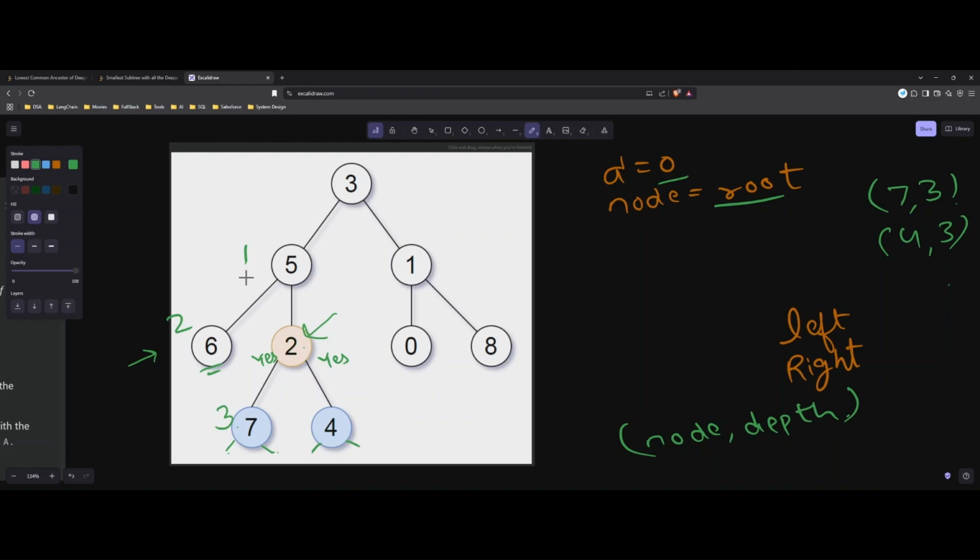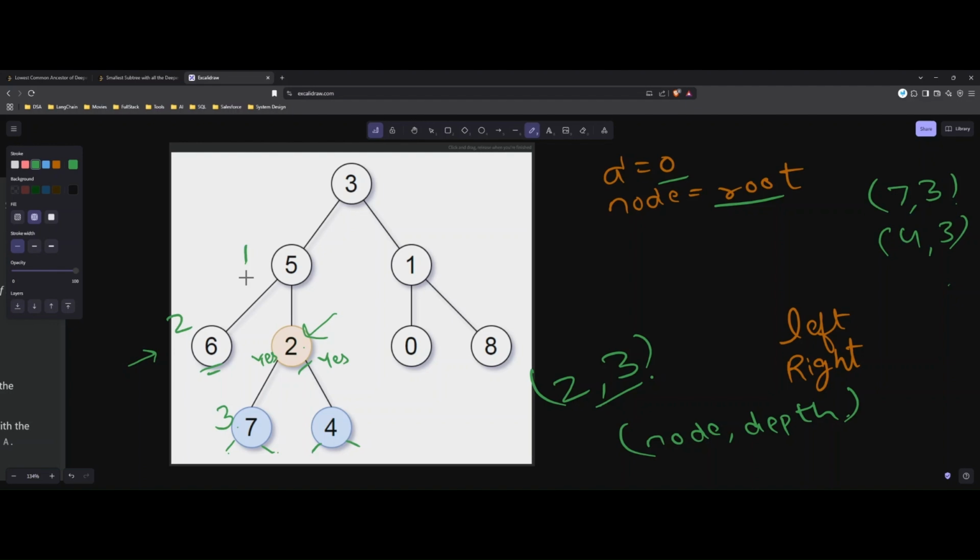So what the answer currently would be, the node value we will return would be 2, this 2 with depth 3, right? This is the largest depth. If we found any value greater than 3, then this would not be the longest common ancestor. Then the fourth one would be the longest common one. But currently this is the maximum one. So we'll store it somewhere, right? So now we will simply return this. This 2 will return 2 comma 3, right? 2 is the node and it will return the depth.